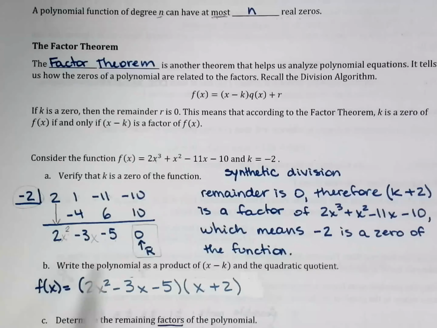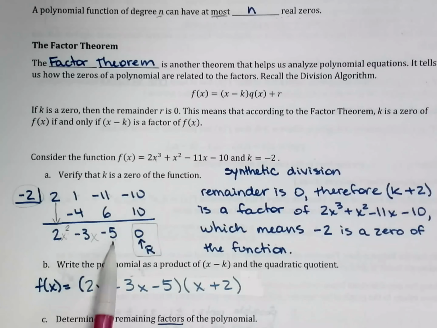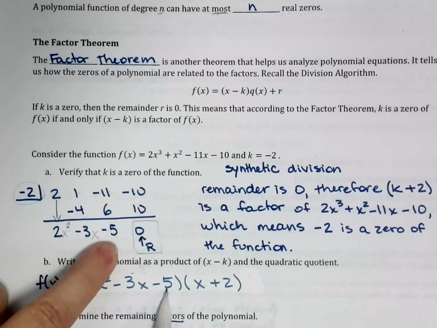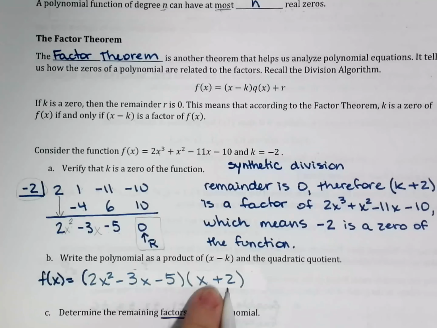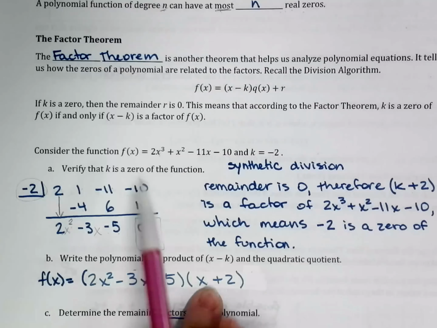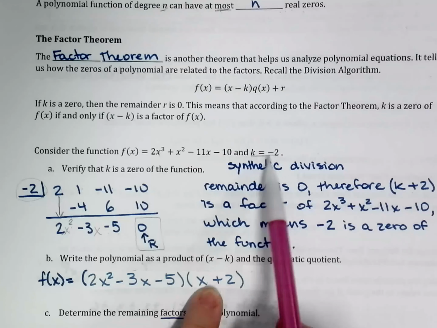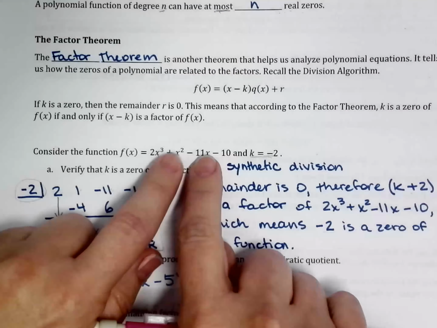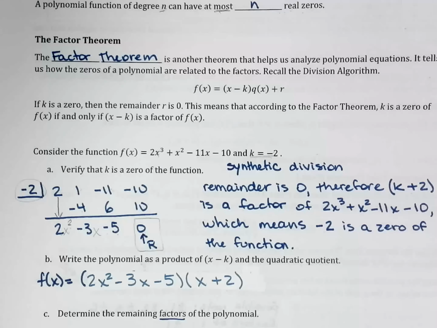That's how this came to be from the result of the synthetic division right there. So 2x squared minus 3x minus 5. And then this is the factor that I found out from testing this out. Notice that if you multiply these guys together, that goes back to that polynomial.